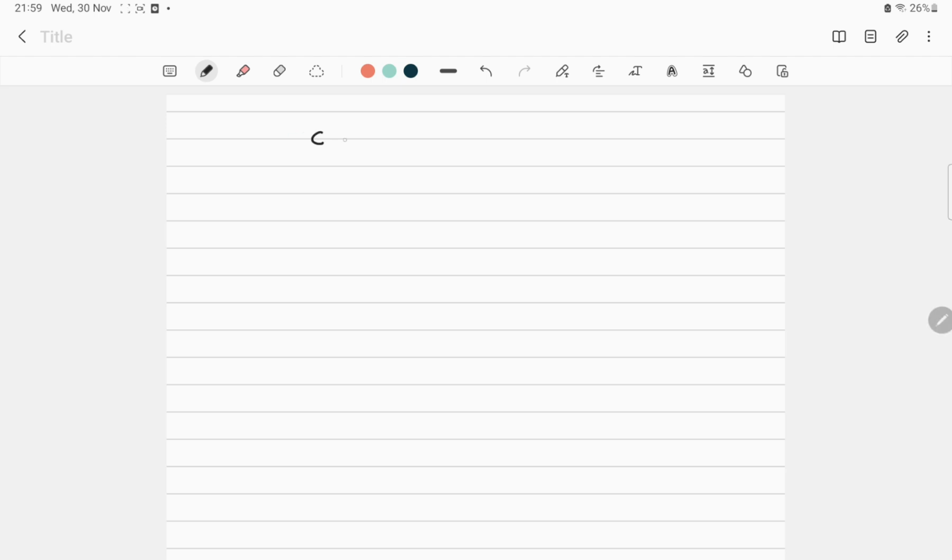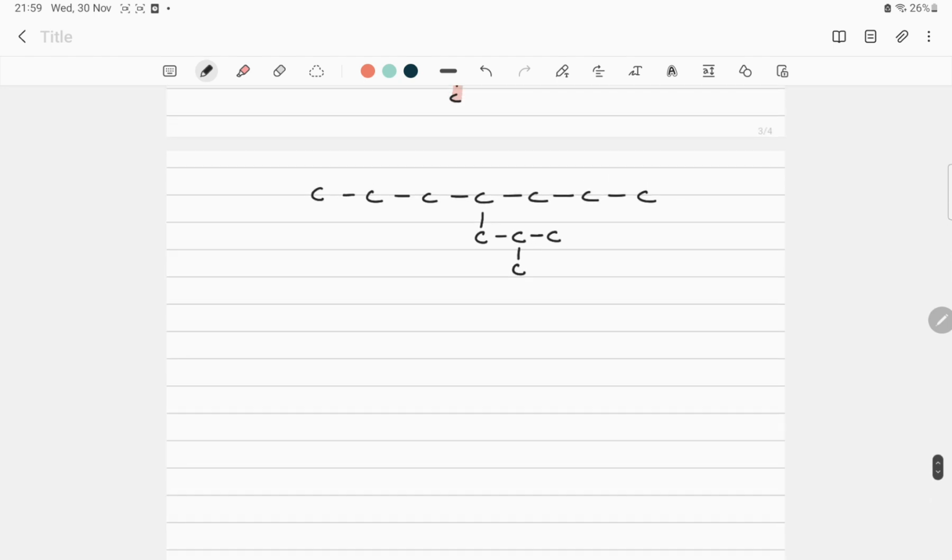Say for example, we have this type of compound. So this is the compound. Now here the longest continuous chains possible: one is this straight chain. How many carbons are there? 1, 2, 3, 4, 5, 6, 7 carbons.